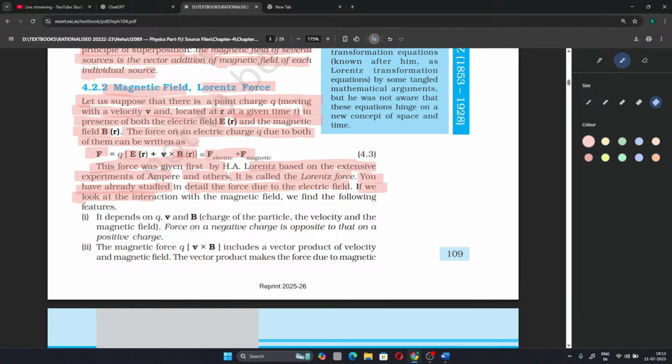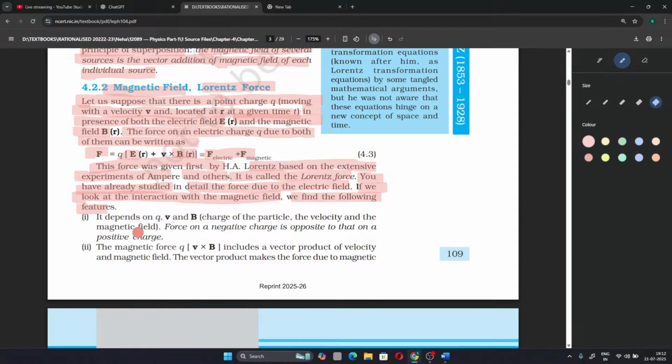If we look at the interaction with the magnetic field, we find the following features.